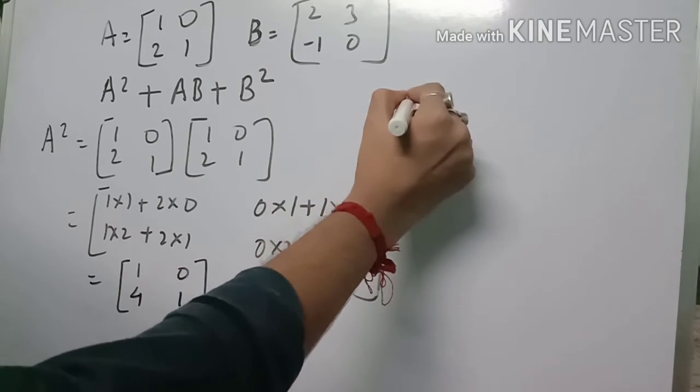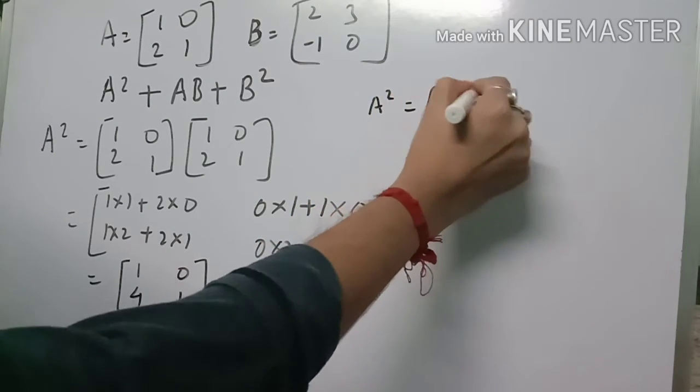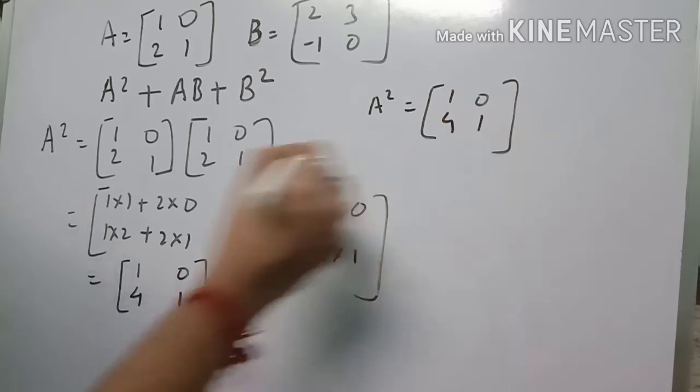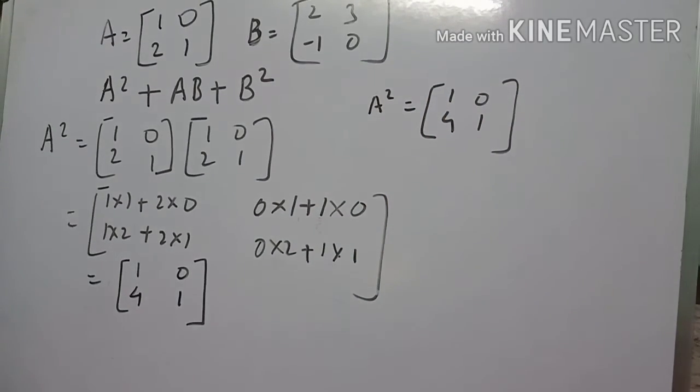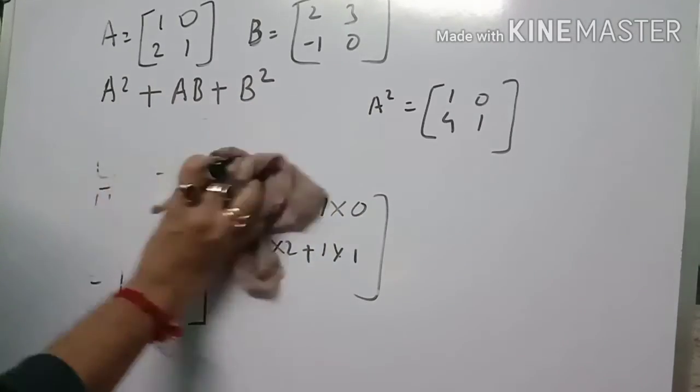I'm writing it here. A square is equals to 1 0 4 1, for my benefit. Now let me get B square.